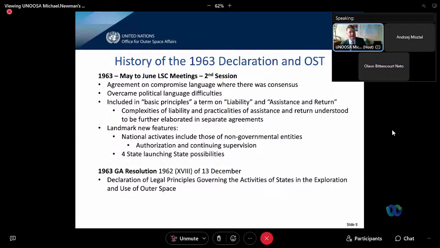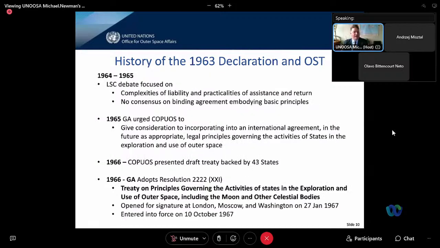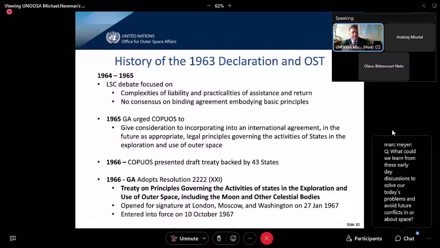And so 1963 agreed on the Declaration of Legal Principles governing the activities of states in the exploration and use of outer space. And you can see the declaration in full in our treaty booklet. After that landmark declaration, the legal subcommittee debated in 1964 and 1965, again, those complexities of liability.